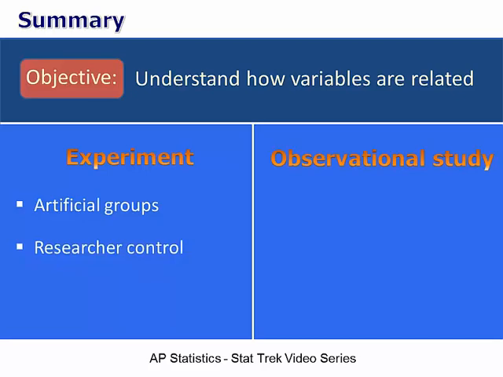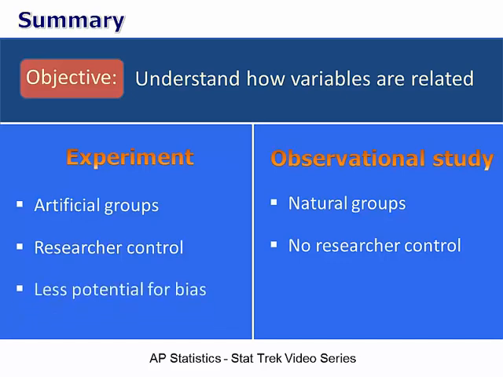Observational studies use naturally occurring groups in which the researcher has no influence on how treatments are assigned to subjects. Because researchers have more control over subjects and treatments in an experiment, experiments can be less vulnerable to bias than are observational studies.